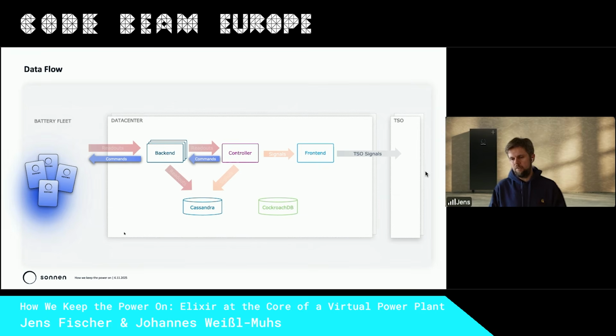And for our example, what Johannes explained, we generate these individual frequency bounds per battery. These are then sent from the controller back to the backend, and it's the task of the backend to send these commands to the correct batteries. The batteries then install the frequency bounds.